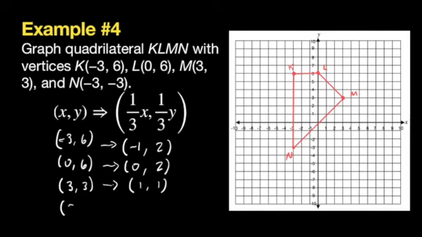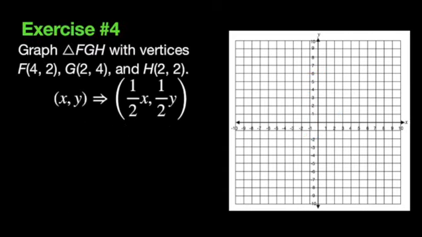And lastly, we have -3 and -3. -3 divided by 3 is going to give you -1. And once again, -1. Now we need to plot these points and connect the lines. Once we graph the 4 points, we get the blue image, which is 1/3 of the length of each side. Pause the video and use this problem as practice.